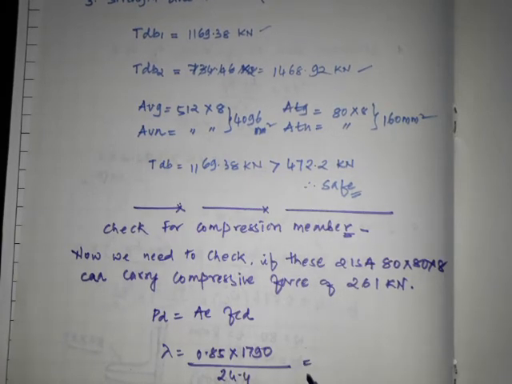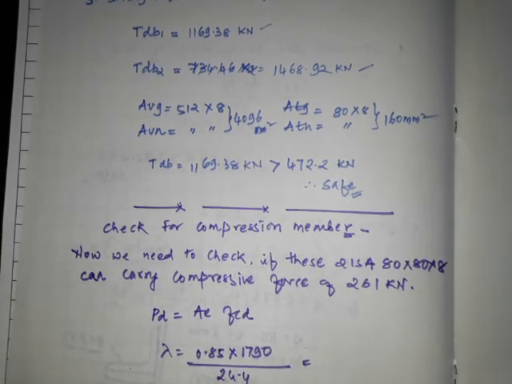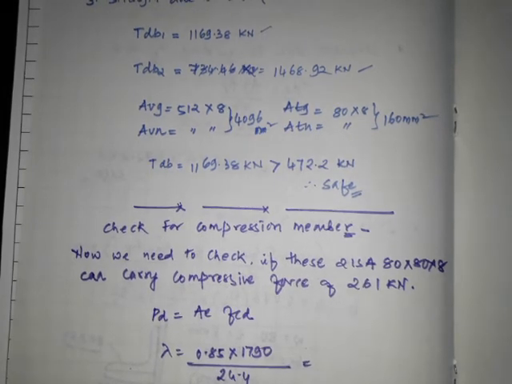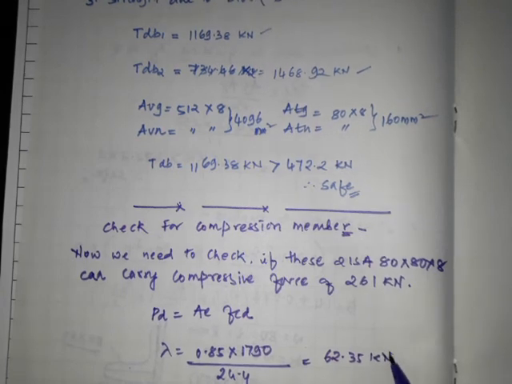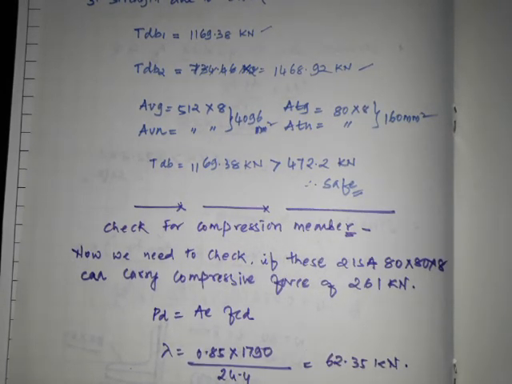This I have already covered in problem number 1, so if you want the detailed explanation, you can go back and check the design of welded roof truss problem number 1. So we get lambda as 62.35.